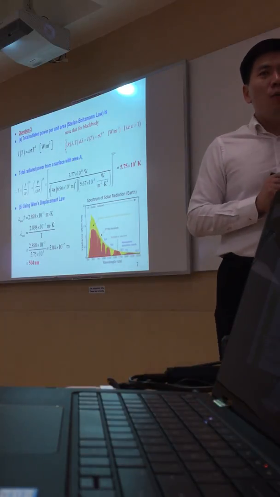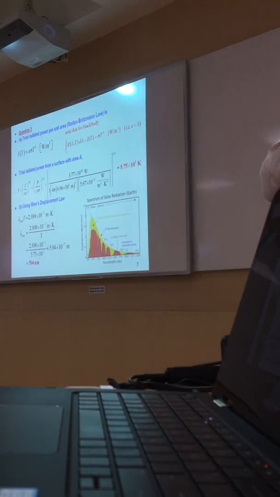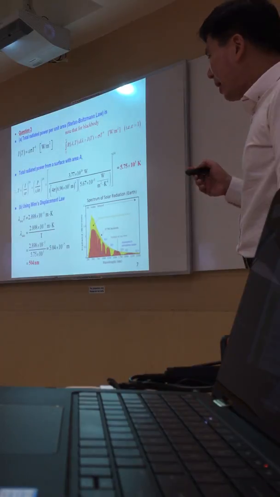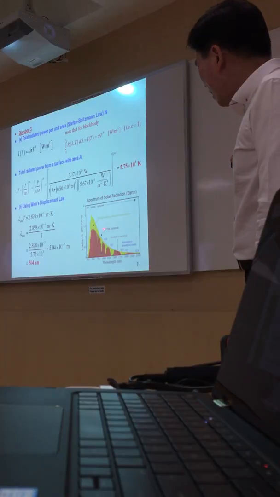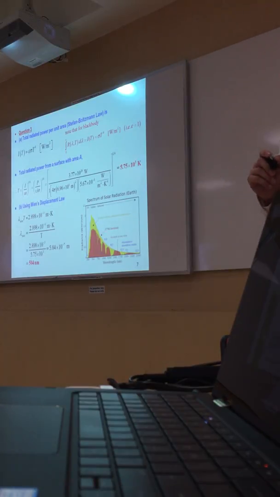Can you see that it almost overlaps with the emission from the sun before it reaches the atmosphere? It's not perfect, but it's quite close. Therefore, it's valid to say that the sun behaves like a black body and the temperature is 5778 Kelvin. So from there, you can more or less estimate the sun's temperature to be around 5000 plus to 6000 Kelvin.